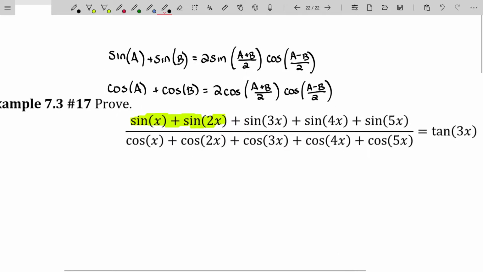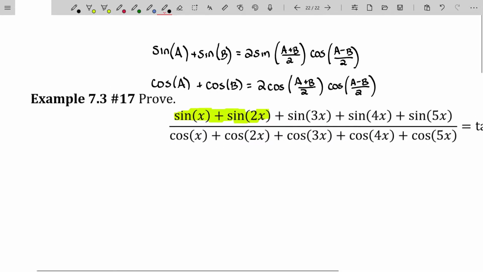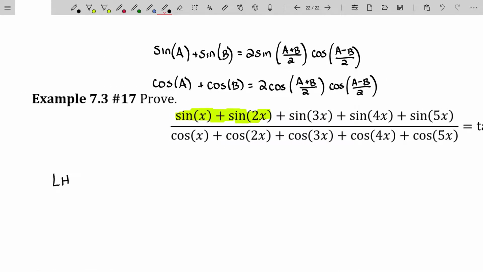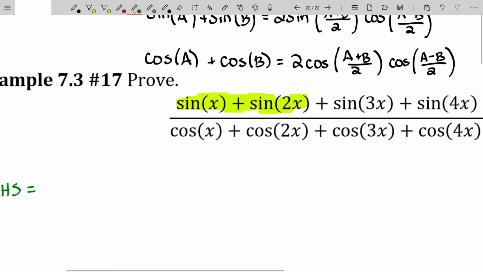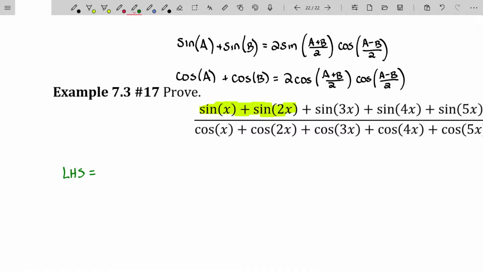And so let's go ahead and start. The left-hand side is what we're going to be working on. And, you know, I always use green for the left-hand side. Left-hand side is equal to the numerator, sine of x plus sine of 2x.